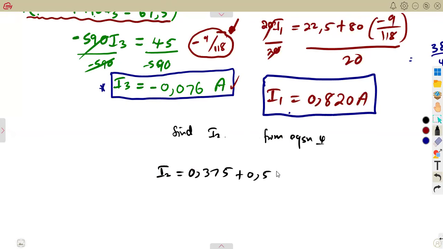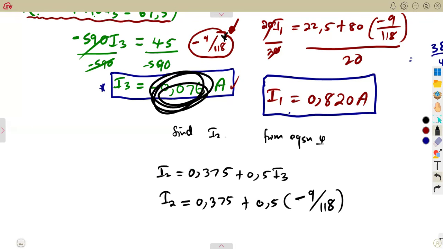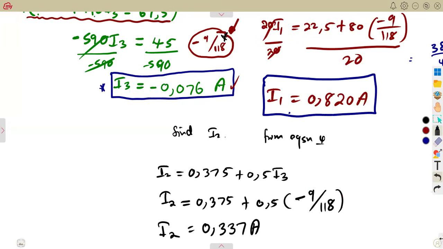So you can substitute: I2 is going to be 0.375 plus 0.5 times I3. Remember, our I3 was negative. But for us to have exact values, let's just use the fraction as it is, negative 9 over 118, or that decimal. Just use it like that, no problem. So that is going to give us 0.337 amps. So that's our current I2.